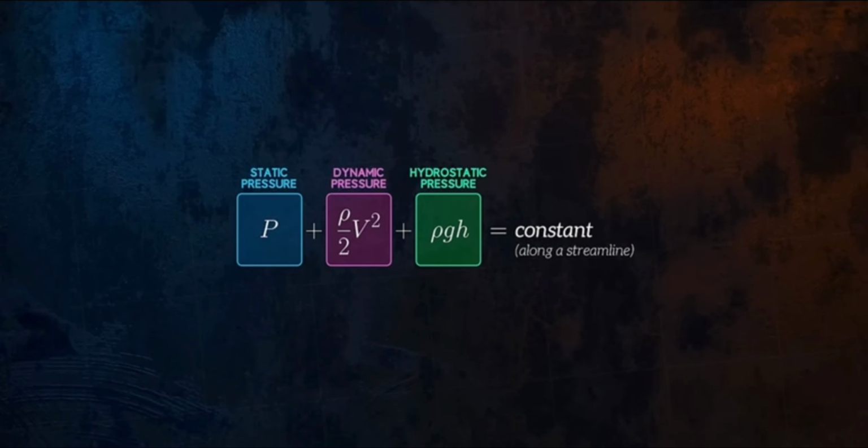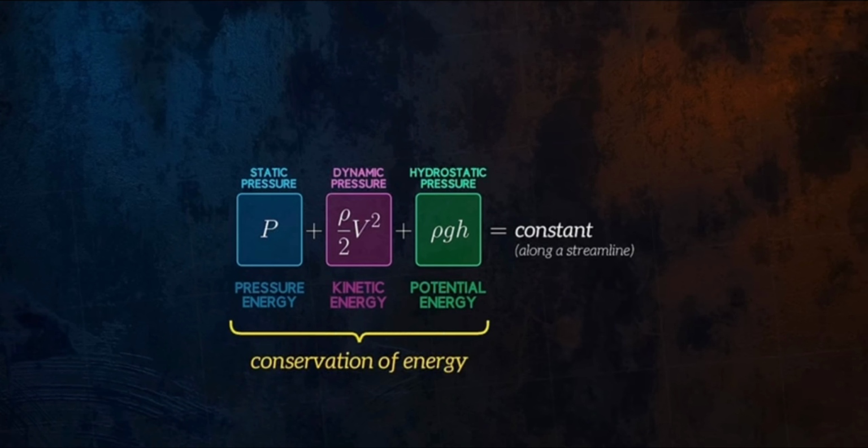It says that along a streamline, the sum of the pressure energy, kinetic energy, and potential energy remains constant. This is really valuable information that can help us analyze a whole range of fluid flow problems. This equation does have a few limitations which will be covered later in this video.